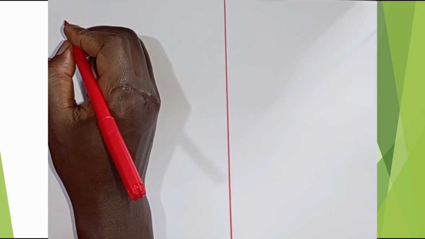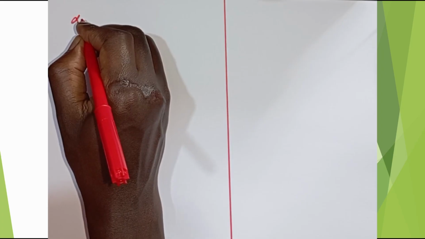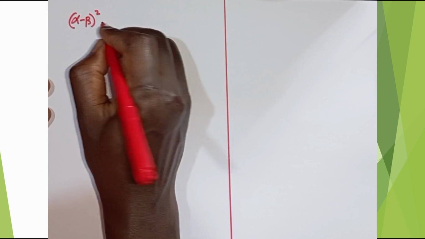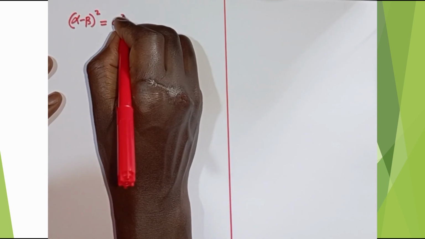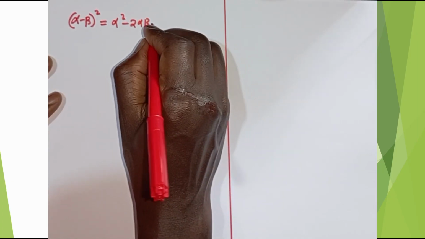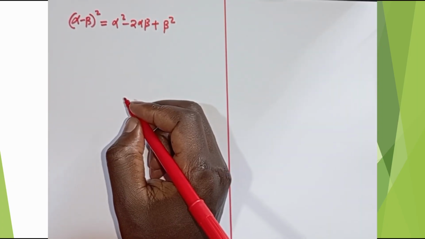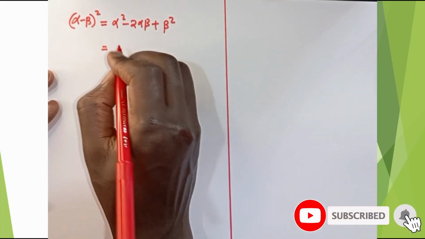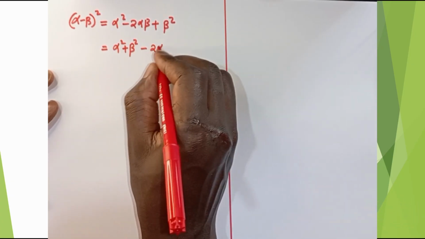So we want to know where alpha minus beta everything squared comes from. When you expand this, actually you will have alpha square minus 2 alpha beta plus beta square. So when you have that, you end up having, let us collect like terms, alpha square plus beta square, then minus 2 alpha beta.